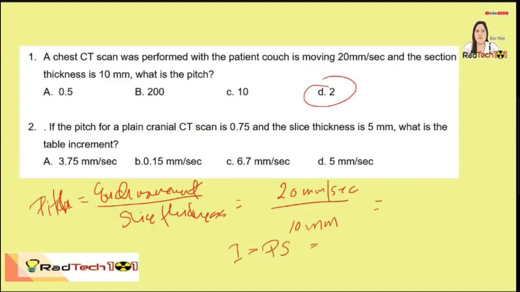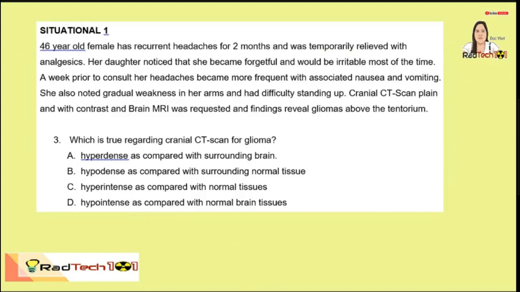So in this case, the pitch is 0.75, then multiplied by 5 millimeters. So that is letter A, 3.75.